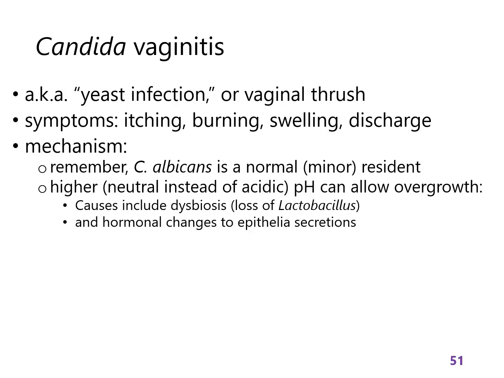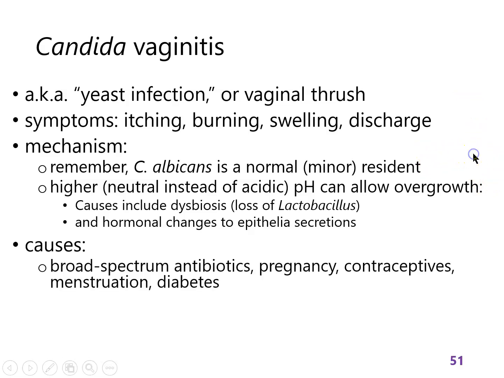Lactobacillus are kind of invited to grow there, and when they're not doing their job, that's when you would get something like Candida albicans, or many other diseases. And so when do we see that kind of dysbiosis? When do we see that disruption of the bacterial community? Well, somebody taking broad-spectrum antibiotics will kill the lactobacillus.